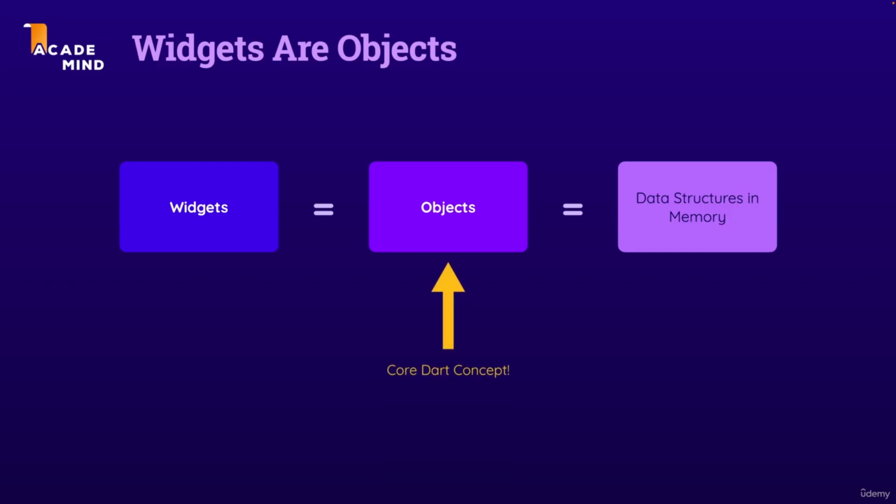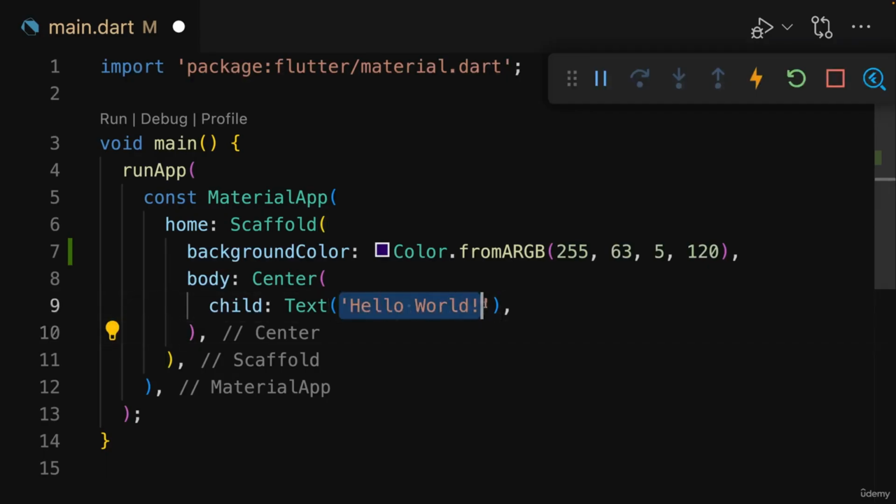Now, objects are a core concept in Dart because, as mentioned, all your values are objects in the end. And there are simpler objects like this text, this hello world text, but also more complex objects like this color object or your widget objects like material app or scaffold. But in the end, all these are simply data structures in memory that are managed by Dart, and these data structures can also work together.